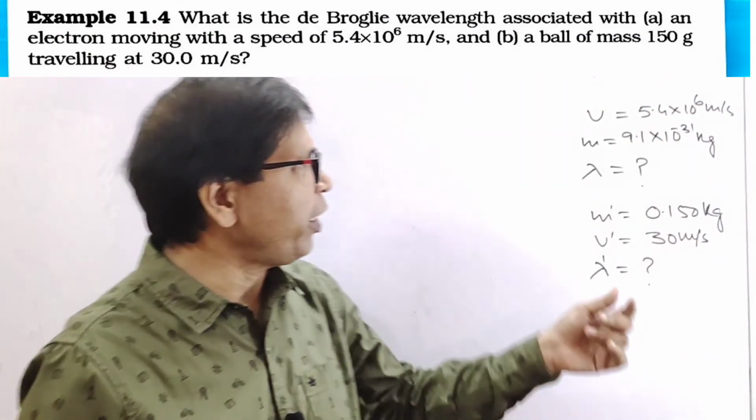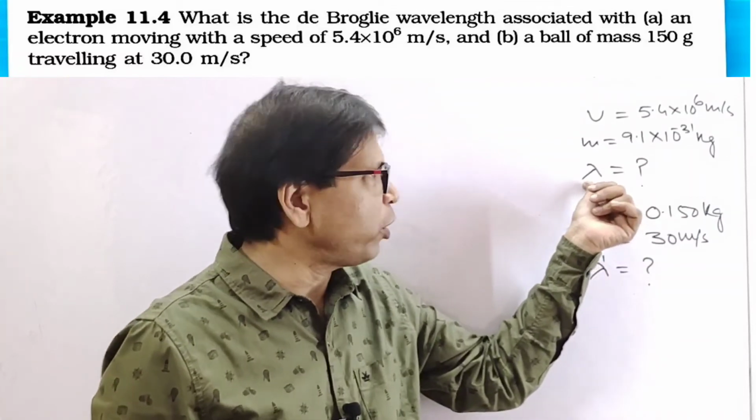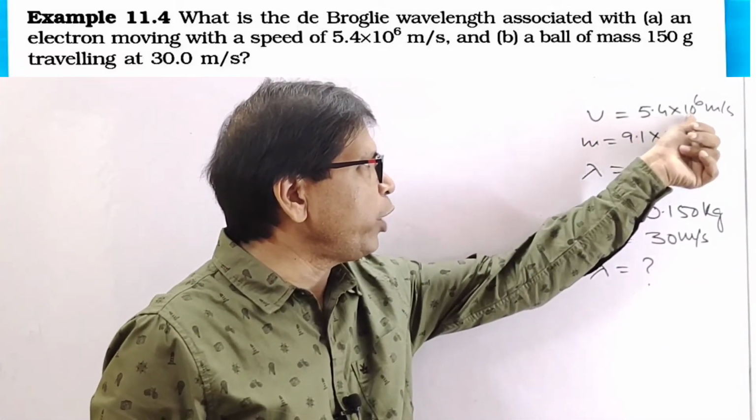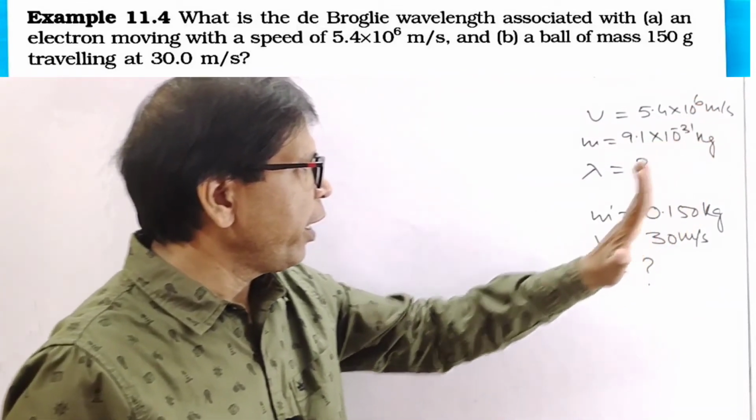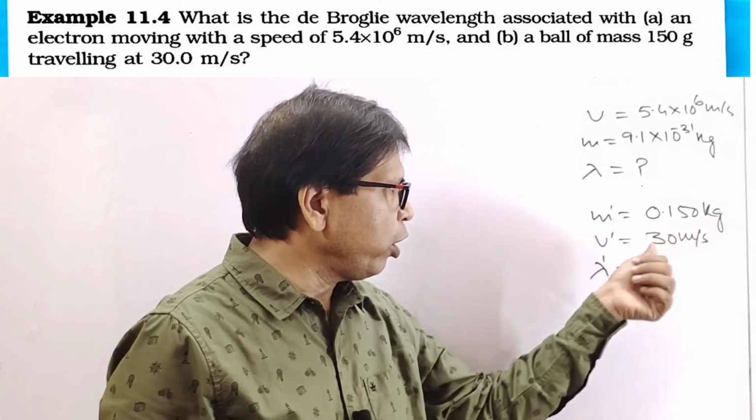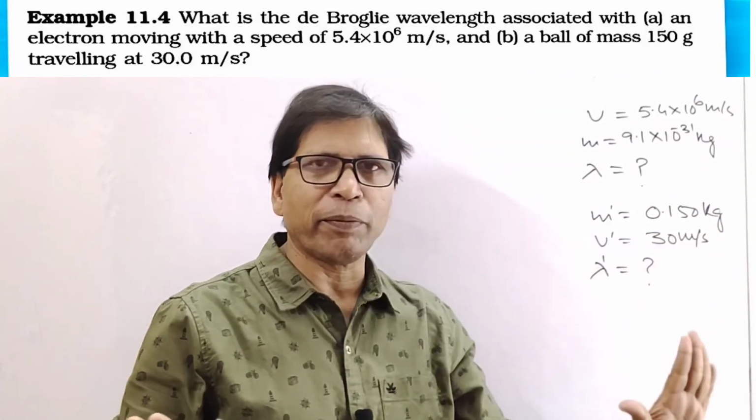Next, example 11.4. We have to calculate the de Broglie wavelength of an electron having velocity 5.1 into 10 to the power 6 meter per second, and of a ball of mass 0.150 kg moving with velocity 30 meter per second.